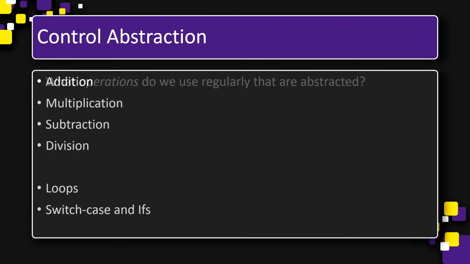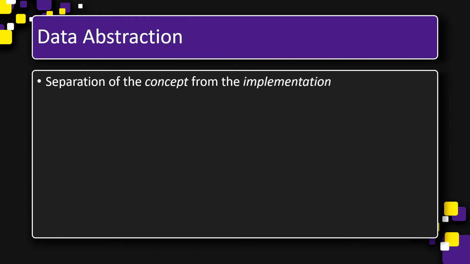We regularly use things such as addition, multiplication, subtraction, division, loops, switch cases, and if statements, which help us to control our program and do simple subroutines that are really common operations in anything that we're going to program.